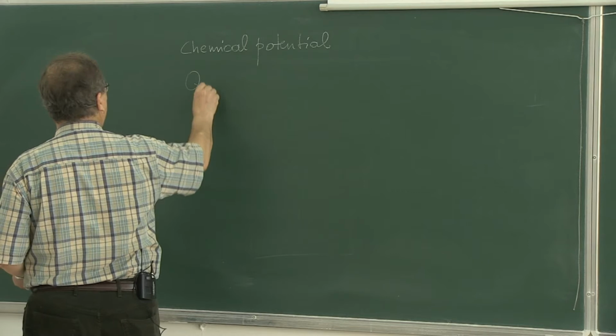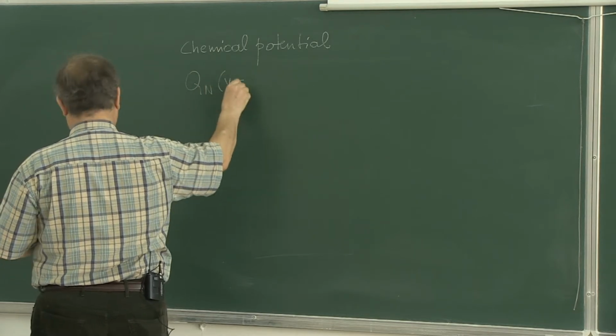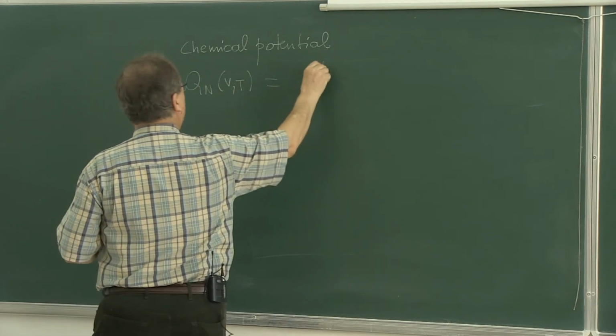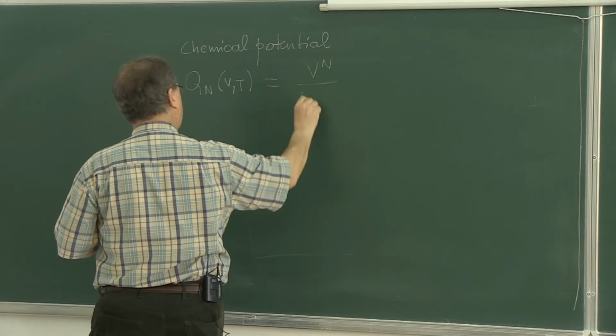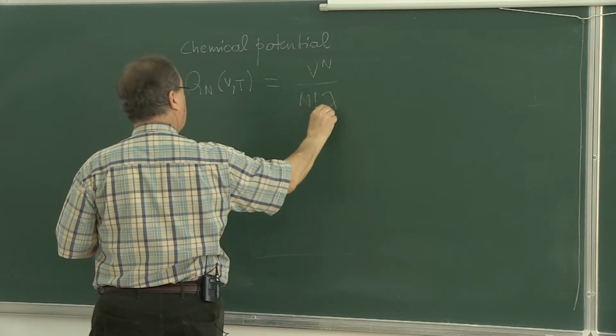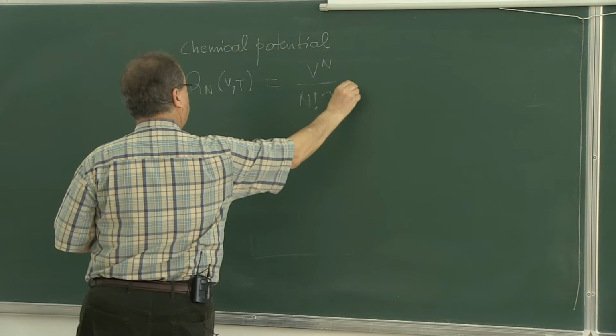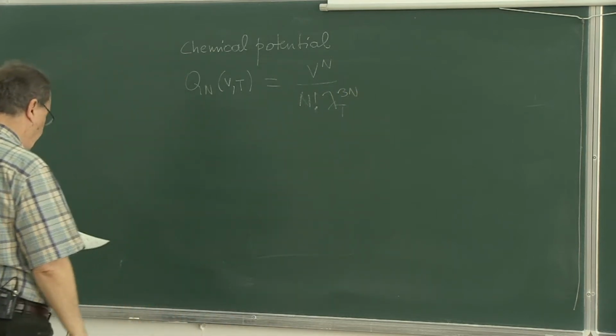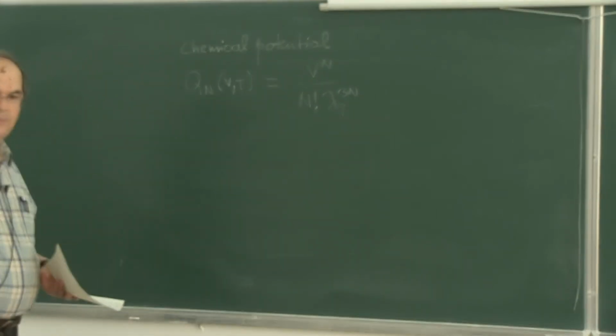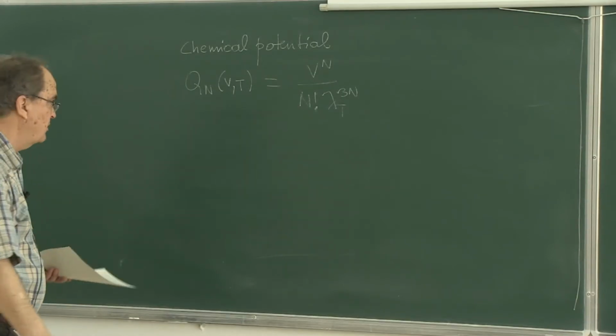Q_N(V,T) we know, V^N over N! lambda_T^(3N), which is Q1 to the power N divided by N factorial.